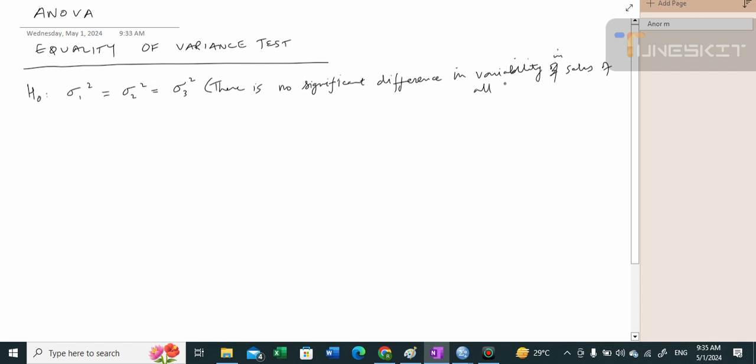Variability in sales of all three policies.